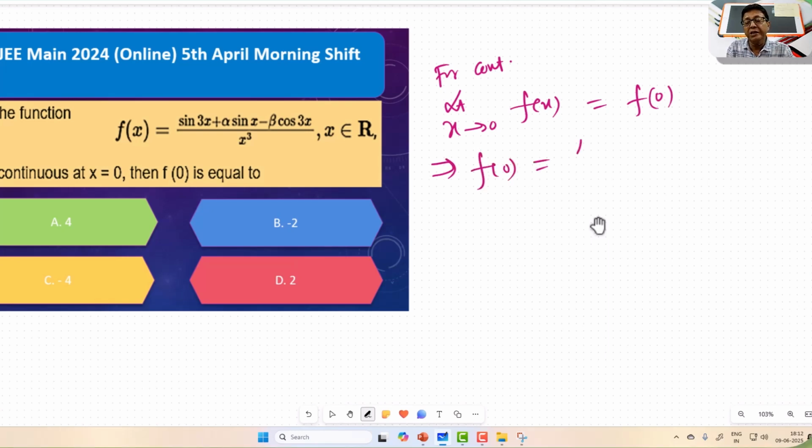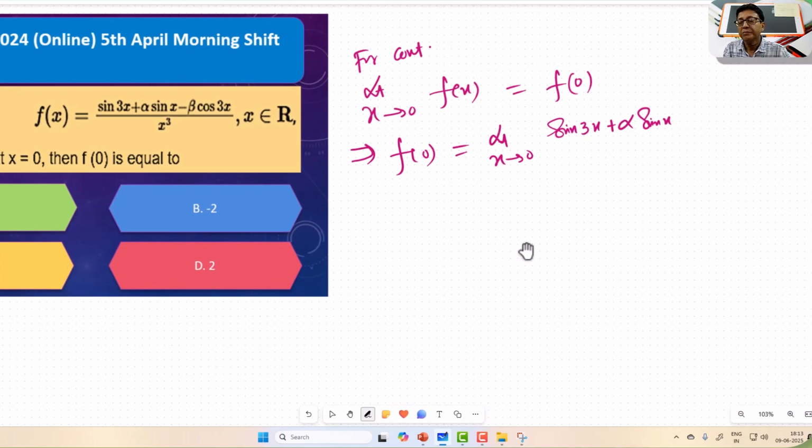This implies f0 equal to fx is sin 3x plus alpha sin x minus beta cos 3x by x cube. Okay.